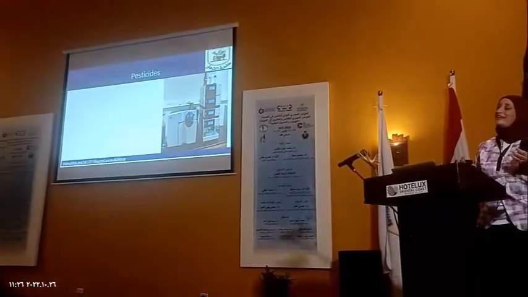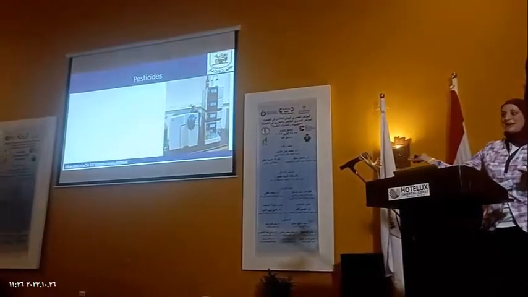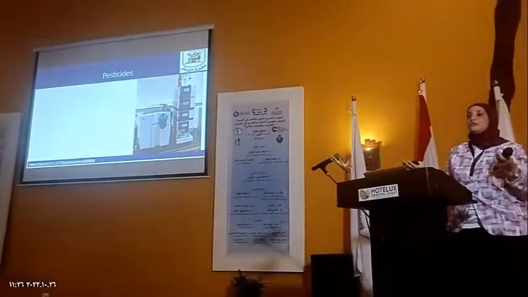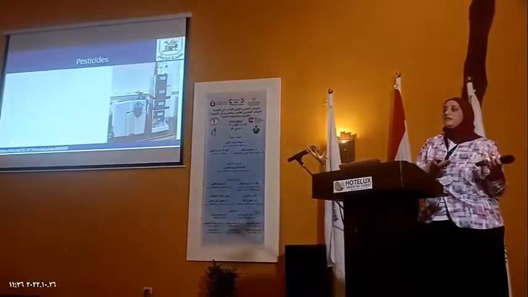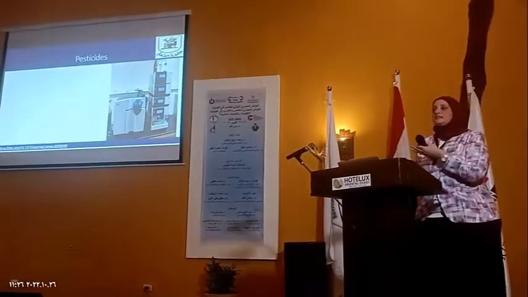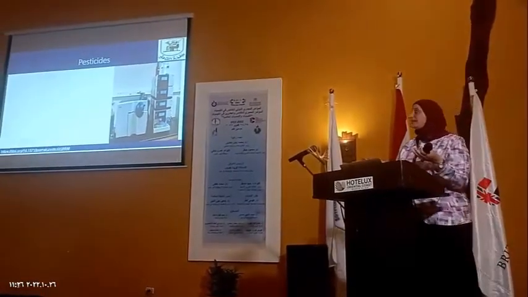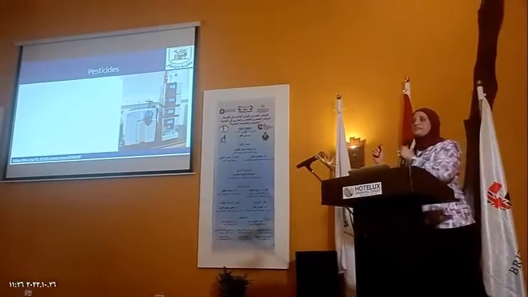So for detection normally of pesticides, we need to use a very expensive equipment, which is the LC-MS, because most of the reagents of the pesticides are either UV inactive or HPLC inactive. So that's why we are not able to detect them except by tracing their mass.